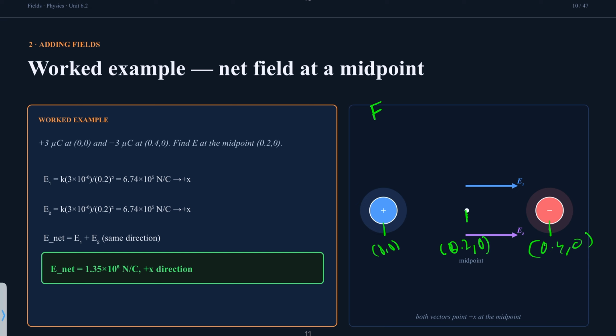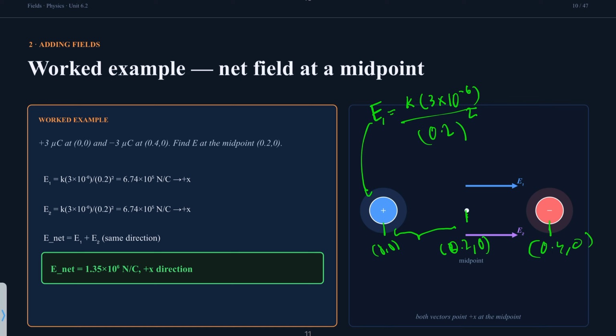E1, or I want to say the magnitude of the field, the strength of the field, 1, which is this one, is K times 3 times 10 to the negative 6, and then KQ over R squared. So what's the distance from the midpoint? The distance from the midpoint is 0.2, right? It's from here to here, 0.2, because here is 0.2, here is 0.